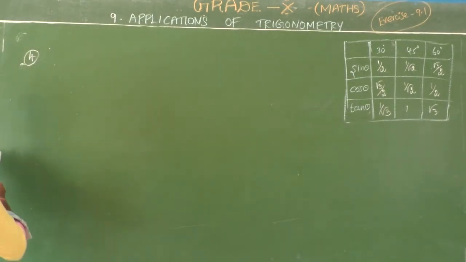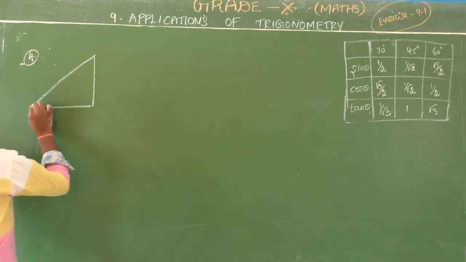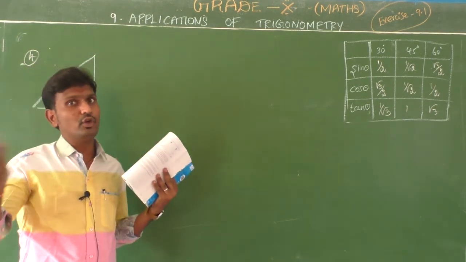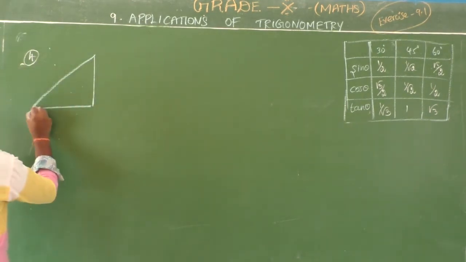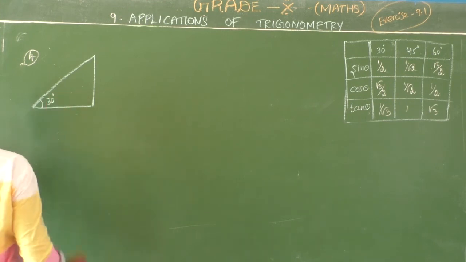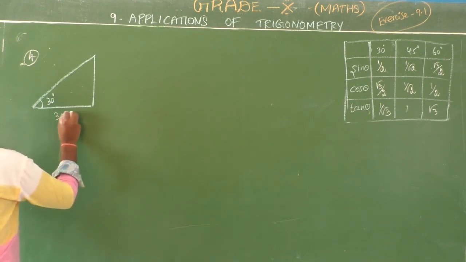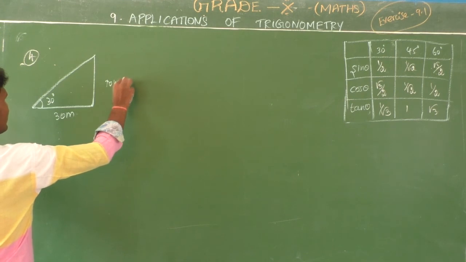Okay, so now this is a tower. You can also take the view from the opposite side, that's your wish. It makes an angle of 30 degree. So this is a tower.